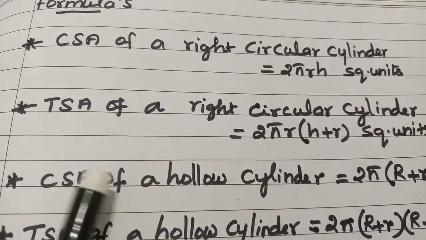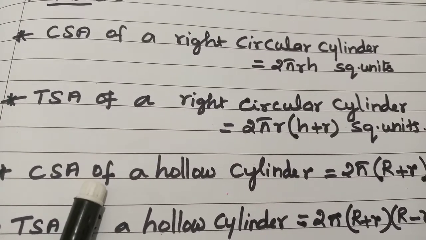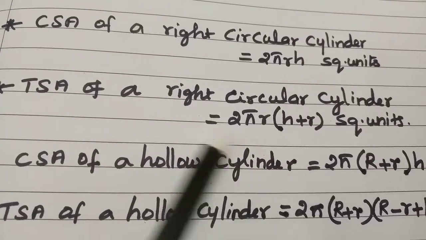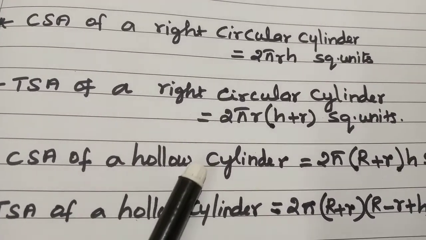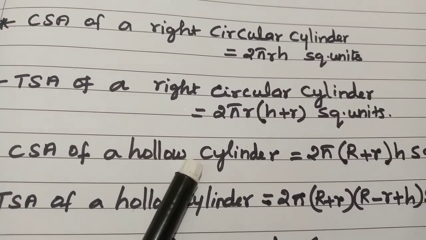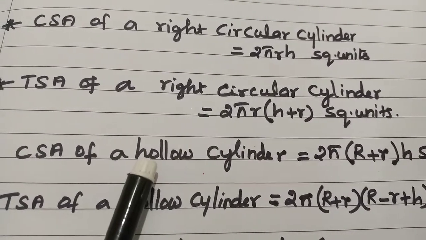Understood students? Next, third formula, CSA of a hollow cylinder. Hollow means there will be thickness; inner and outer cylinders will be there. For example, we can consider an iron pipe. See this example.